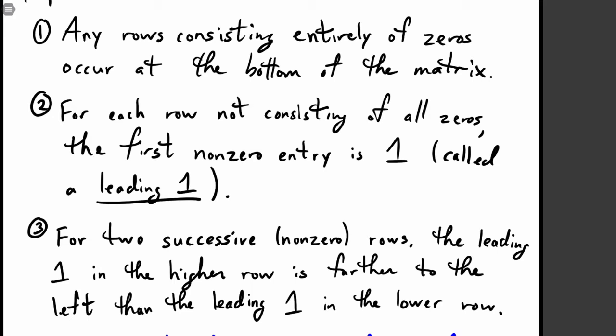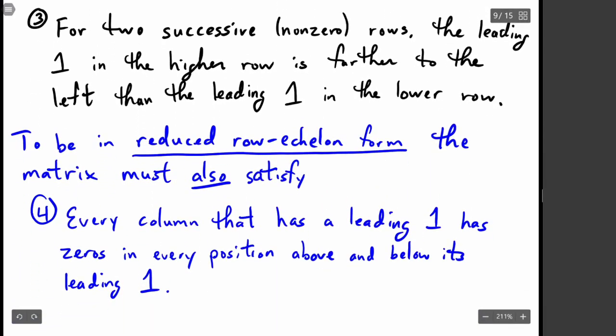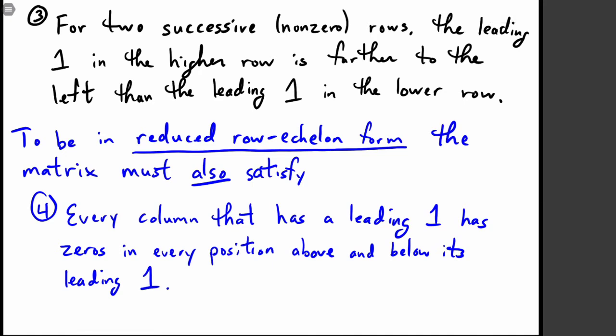Now you might remember we did an example of solving a system of equations where not only did we get zeros below variables, but we also got zeros above. That's what we call reduced row-echelon form in a matrix. So here is the fourth criteria.